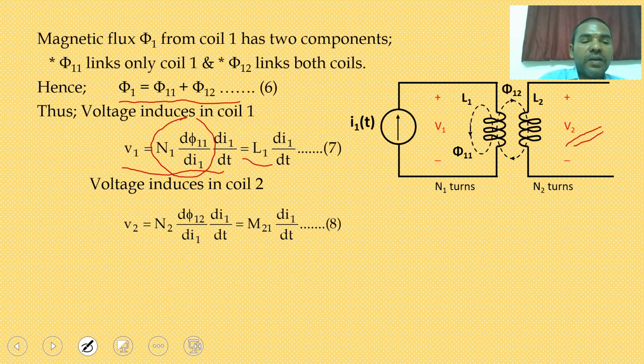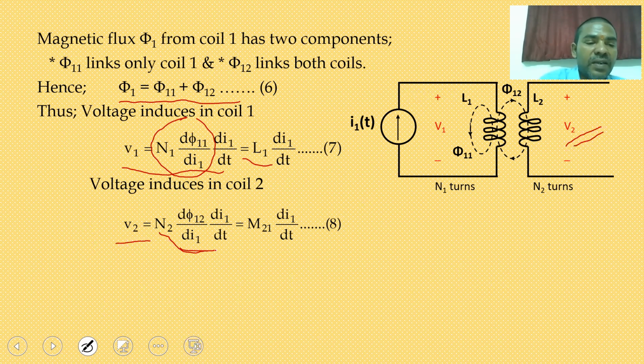V2 is equal to the secondary coil number of turns, which is N2, and due to which flux it is developing, phi 12. So d phi 12 divided by the current flowing in the first coil, I1, into di1 by dt.